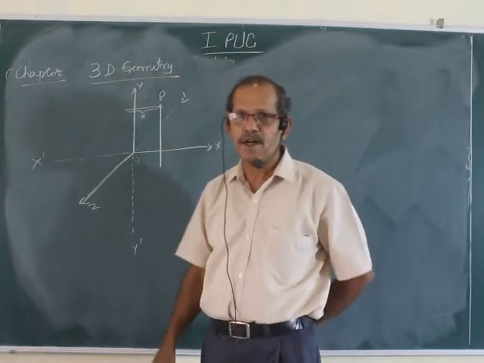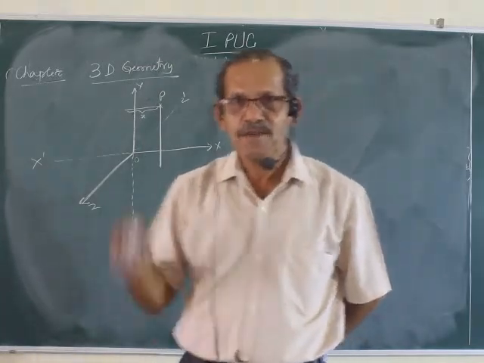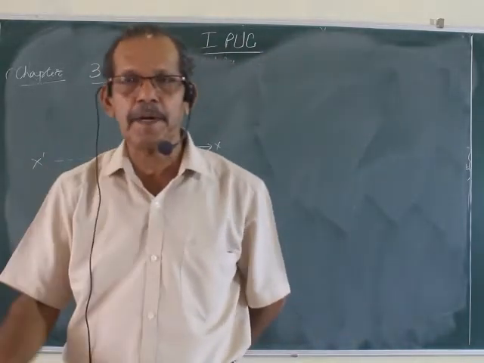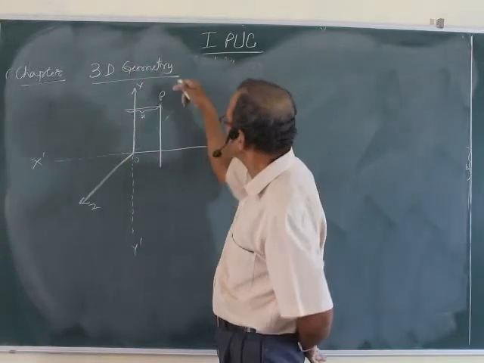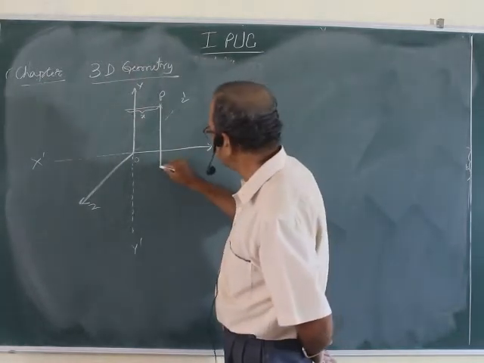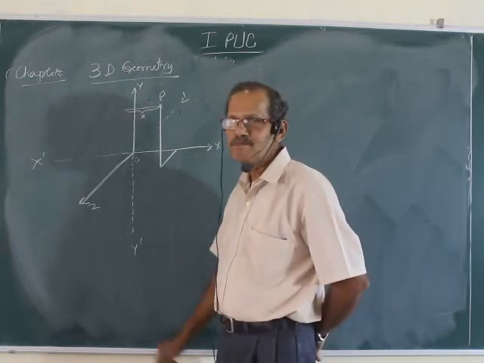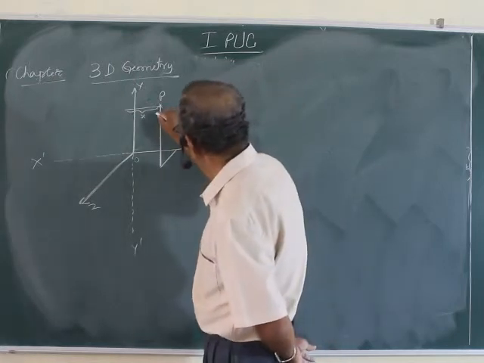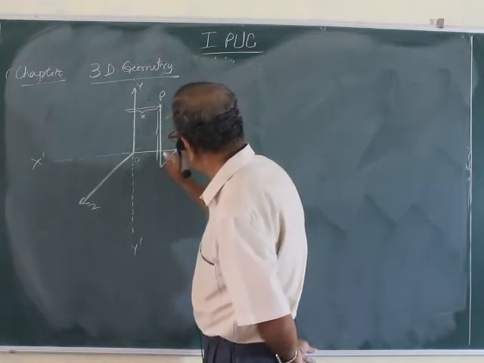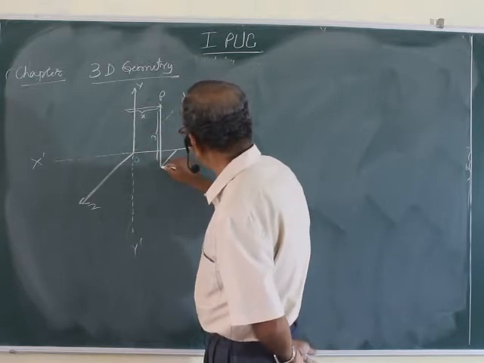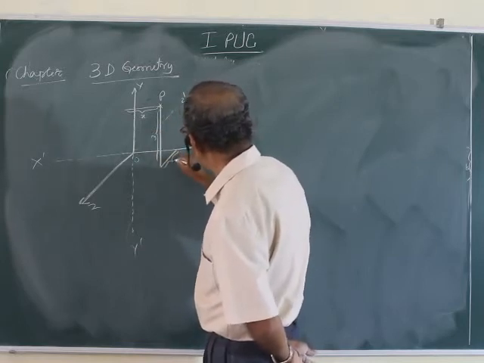Back side, how to draw that one? That is not possible. From that point, you have to draw the perpendicular to the board. That cannot be done. So totally it is here. See, just in order to imagine that. So this is the y coordinate. And this one is the z coordinate.